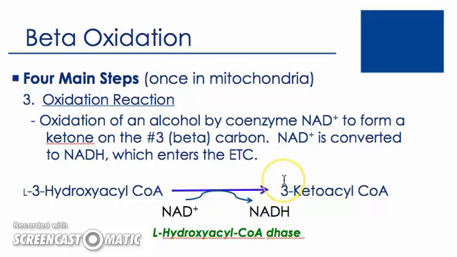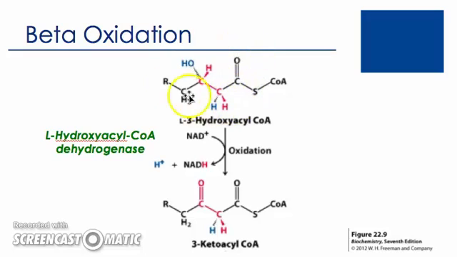The product is 3-ketoacyl-CoA, and the enzyme catalyzing the reaction is L-hydroxyacyl-CoA dehydrogenase. In this reaction, the NADH that is formed can be used to enter the electron transport chain for the formation of ATP. This diagram further demonstrates the removal of the hydrogen at the alcohol formed at the 3rd carbon and the formation of a double bond forming a ketone.